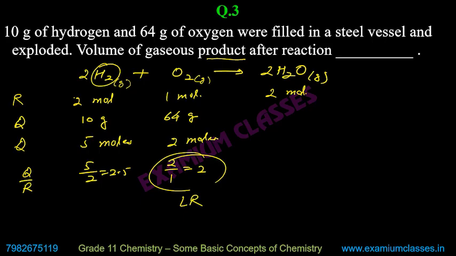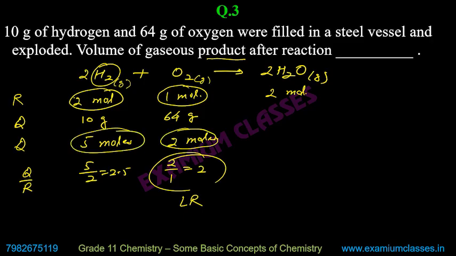In your exam, you will be writing that 1 mole of oxygen requires 2 moles of hydrogen, so 2 moles of oxygen will require 4 moles of hydrogen. So hydrogen is in excess, oxygen is the limiting reagent.